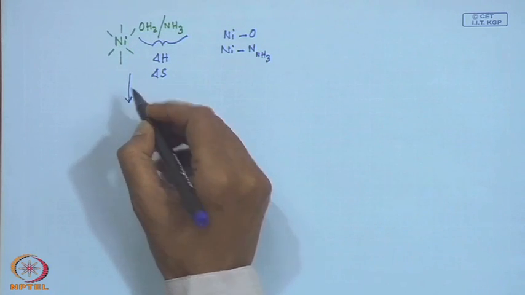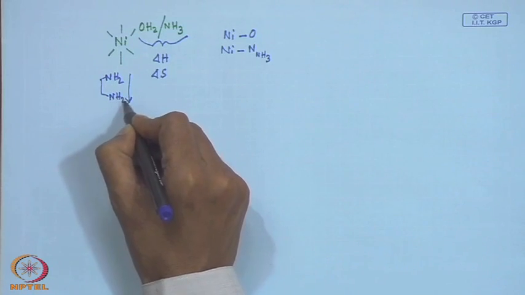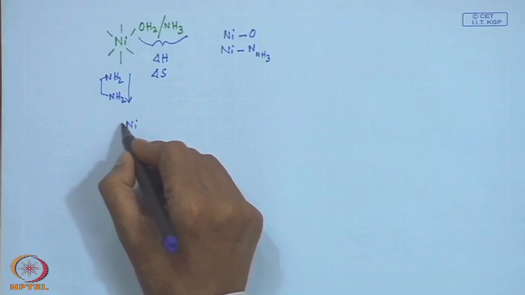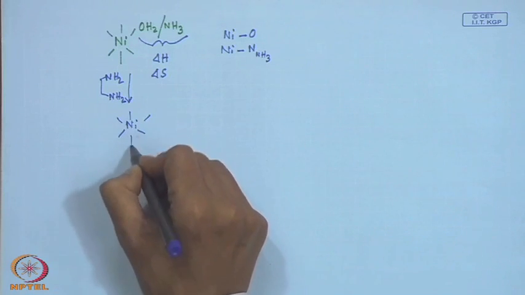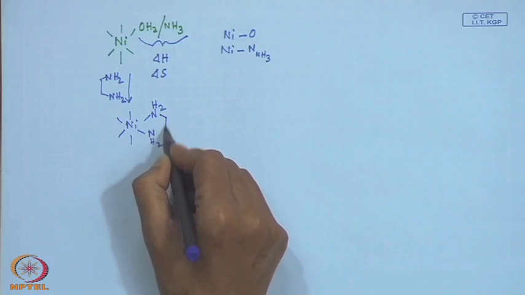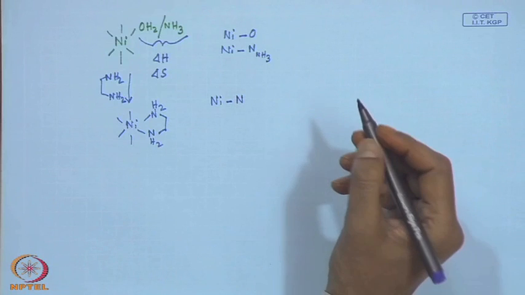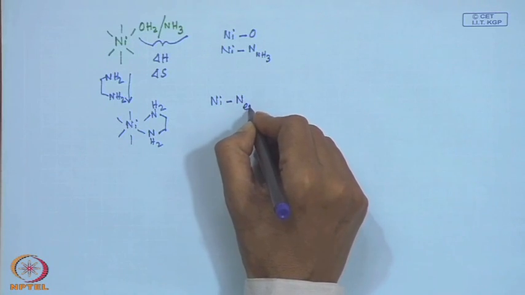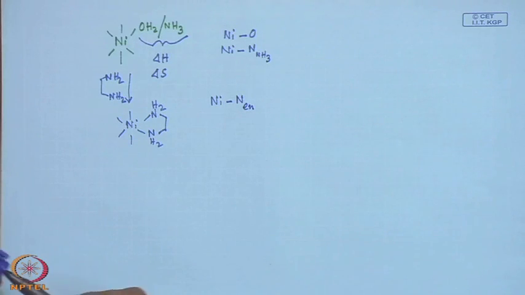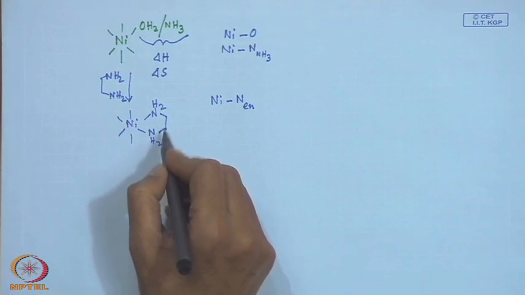And in the second step, when we are utilizing the ethylene diamine, it is forming the chelate ring, and in that particular case the Ni-N bond of a different type is forming, which is coming from the ethylene diamine. So we can have the relative contribution of the bond strength and the order-disorder phenomenon related to the more ordered form of these two groups.